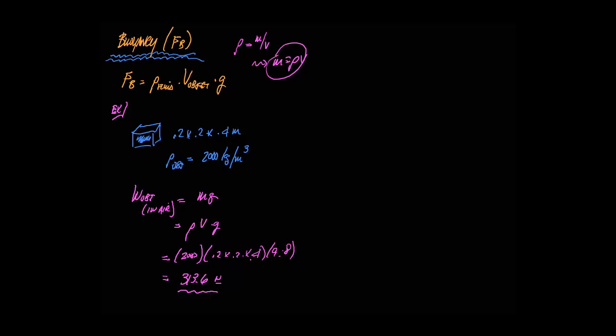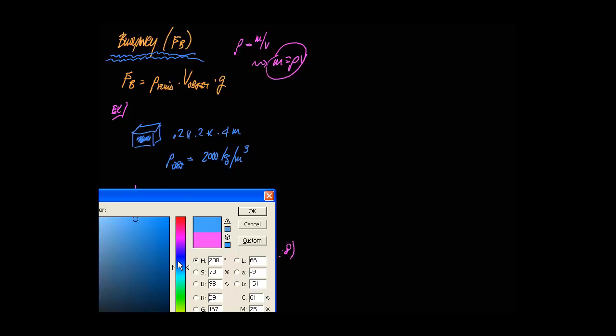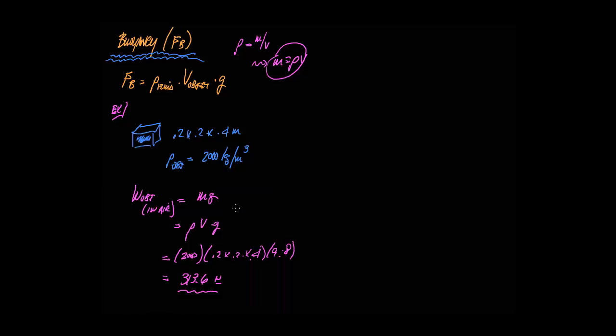Now, what if we put it in water? What does it weigh in water? We're basically finding the weight underwater. When we put something underwater, it still has its weight down, that's the 313.6 we just found.